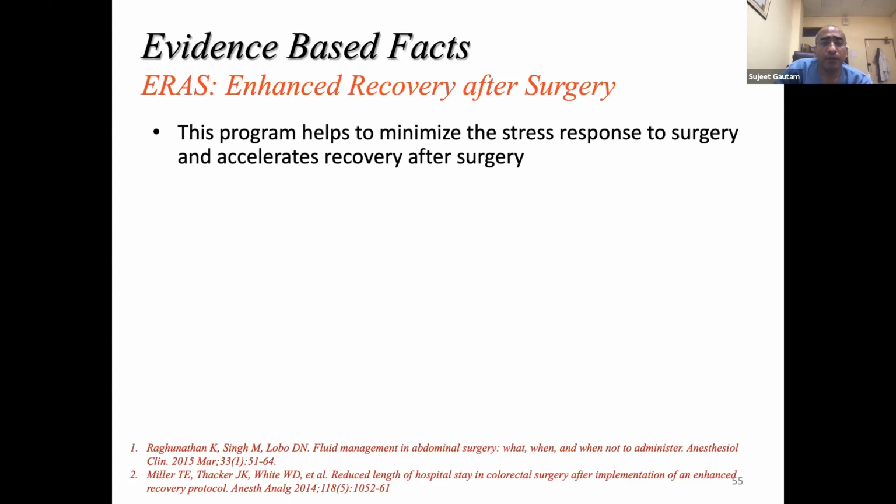And one very frequent term which is nowadays being talked about is the ERAS, or enhanced recovery after surgery. And this program helps to minimize the stress response to surgery and accelerates recovery after surgery.